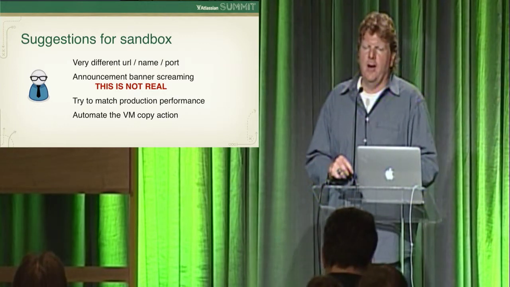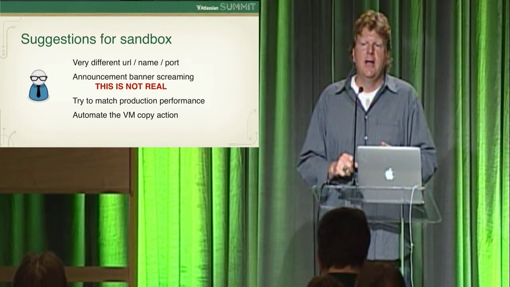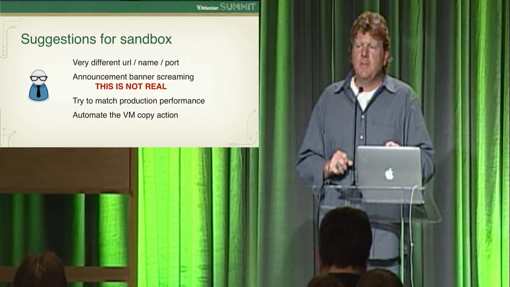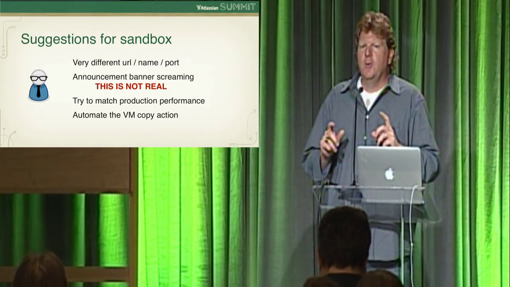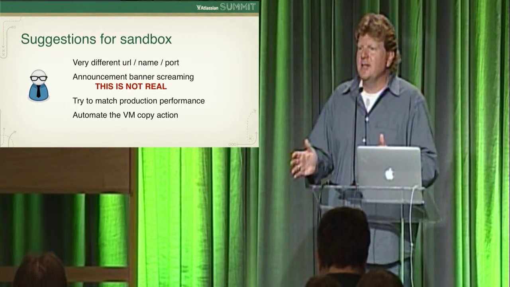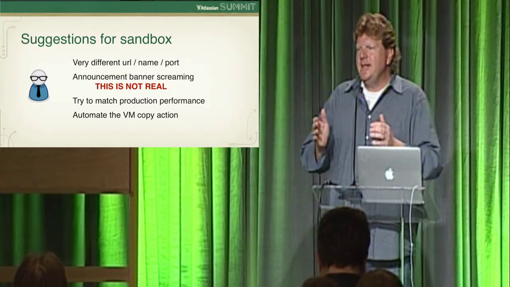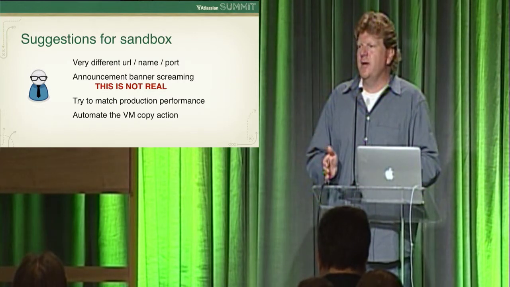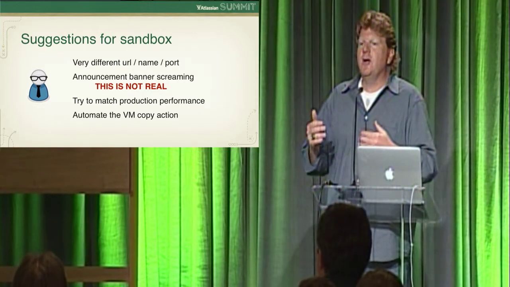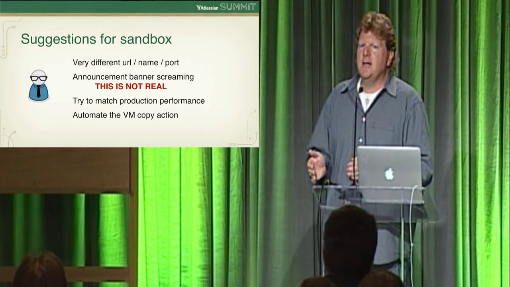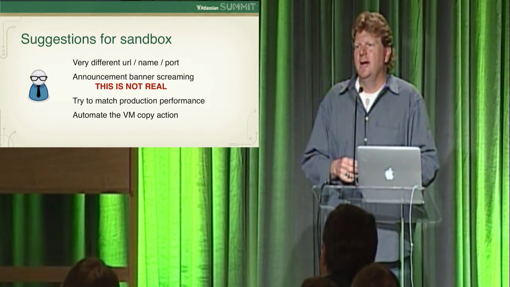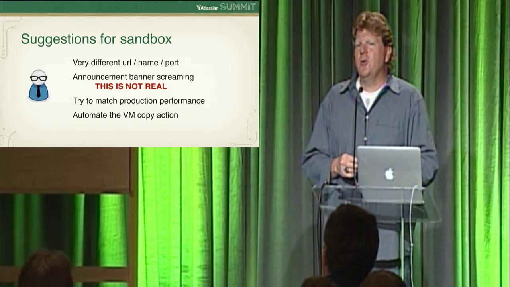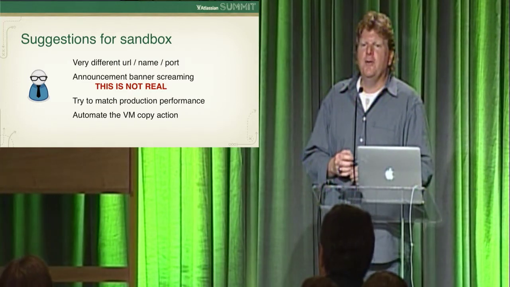If they do get there, whether on purpose or by accident, another best practice would be to put some kind of announcement banner on there, some custom HTML at the top of your page that screams out that this is not production. Because if they did end up there and it looked a lot like production and they thought it was production, and they start putting in more content and you throw it away because it wasn't production, the person who created all that content might not be too happy.